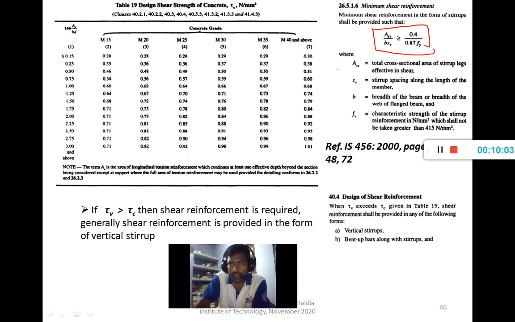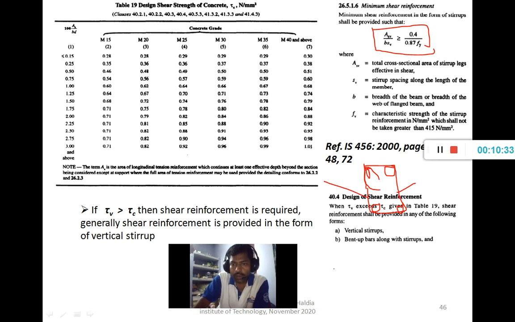Okay, suppose if I use 8 phi stirrup, so vertical stirrup legs means two-legged stirrups are used. Okay, in this way the reinforcement is used. So this is one leg, this is another leg.